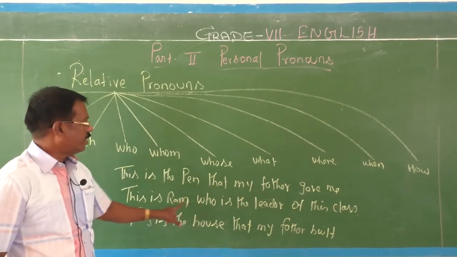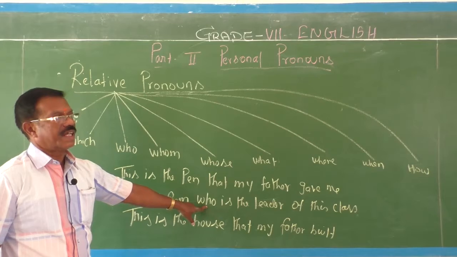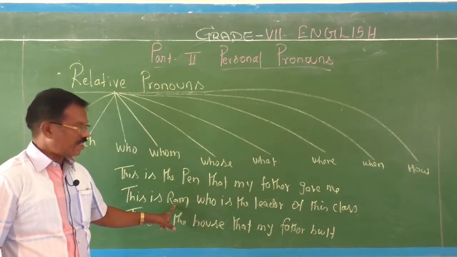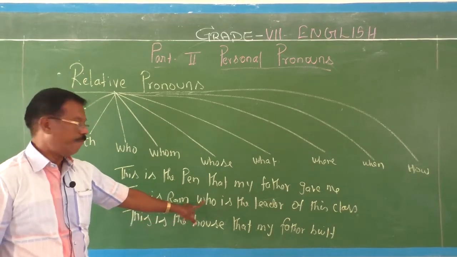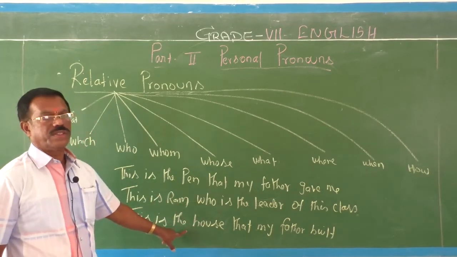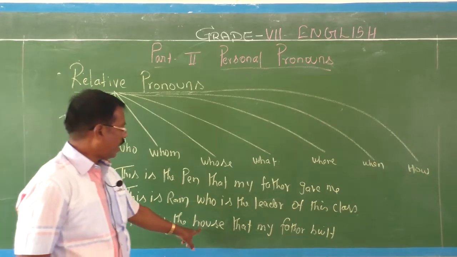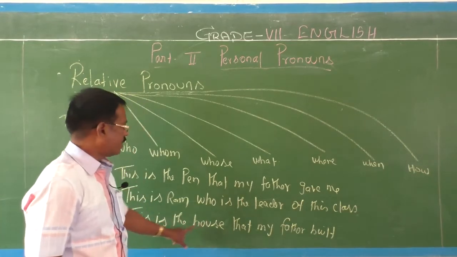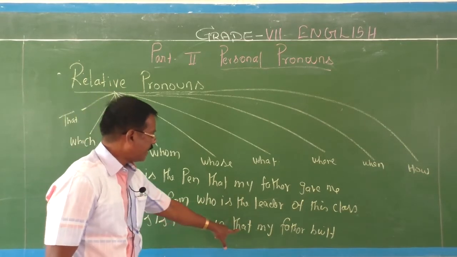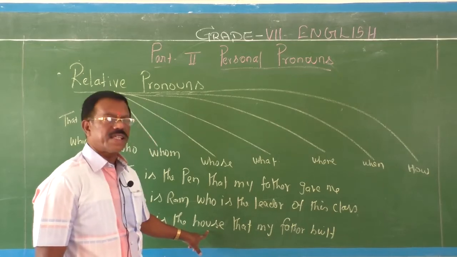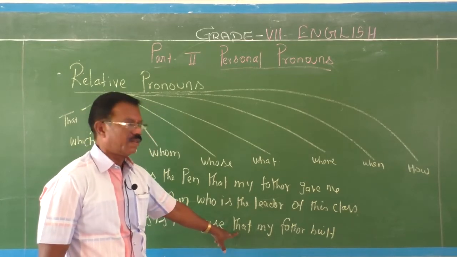This is Ram, who is the leader of this class: Ram is the antecedent of the relative pronoun who. This is the house that my father built: the house is the antecedent of the relative pronoun that.